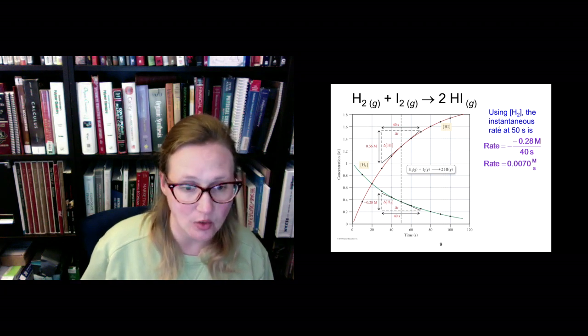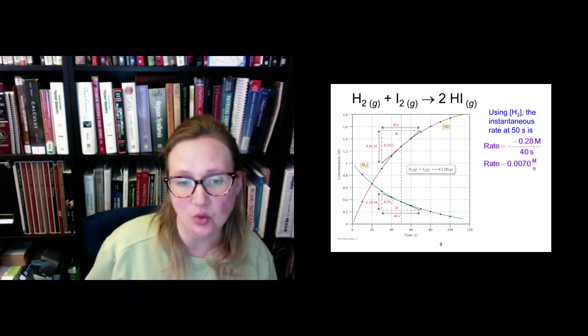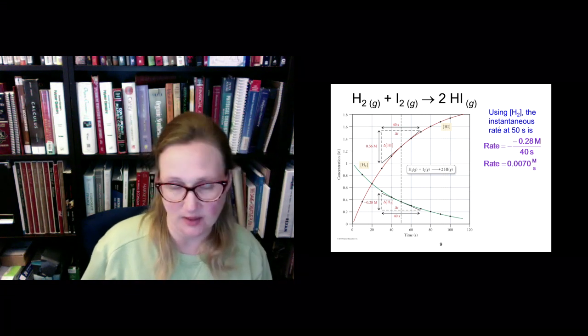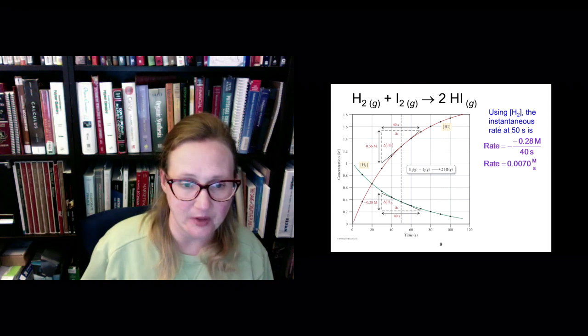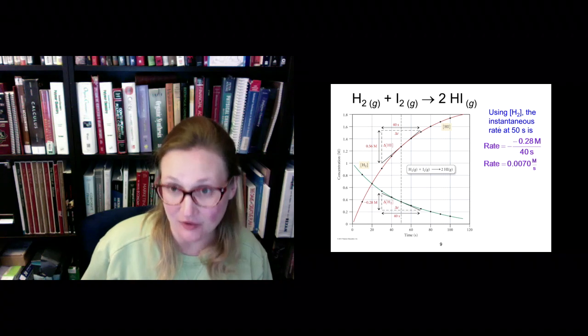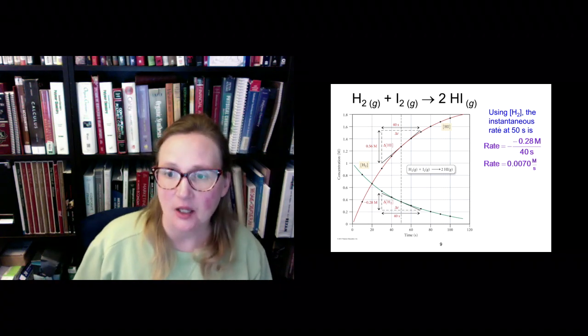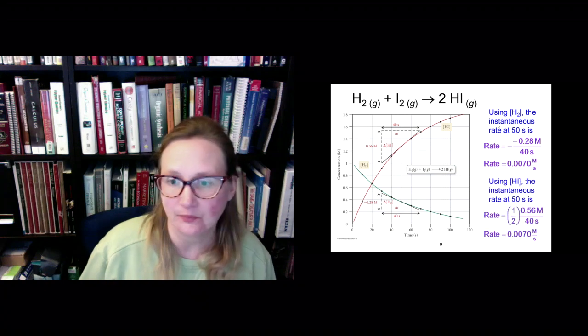So we are going 20 seconds prior to that 50-second mark and 20 seconds after that 50-second mark, so that the 50-second mark is right on that data curve. All right, so the rate here is 0.007 molar per second.